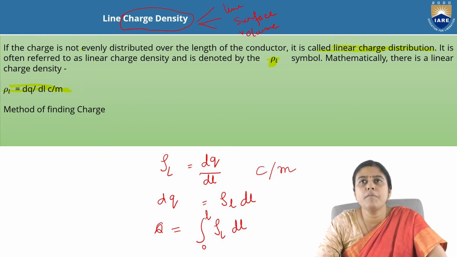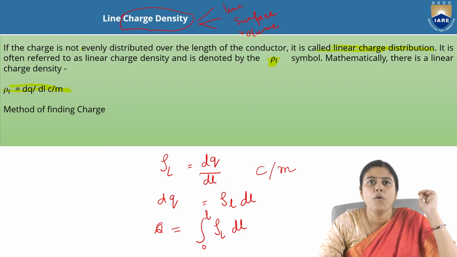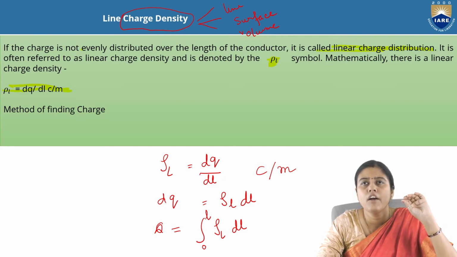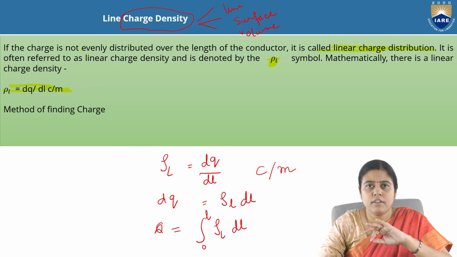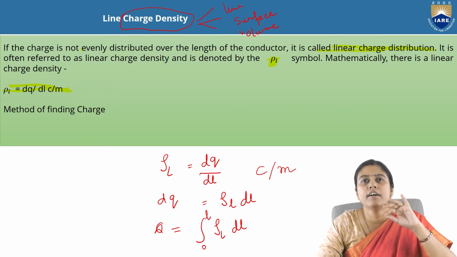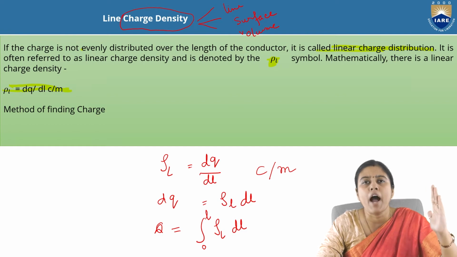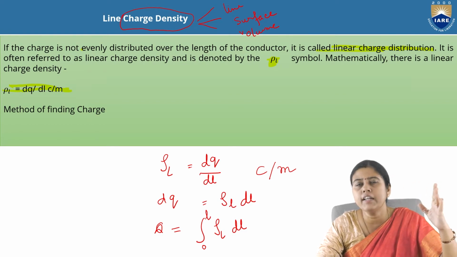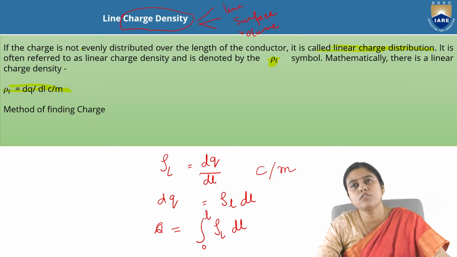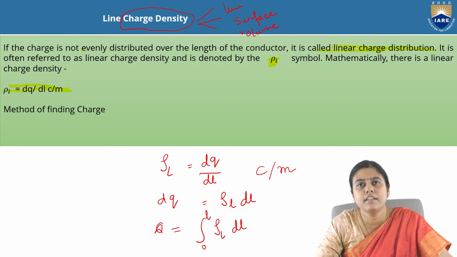Just one more time, what is linear charge density? While charge is flowing from one point to another point through overhead lines or through a linear conductor, charge per unit length is known as the charge density.